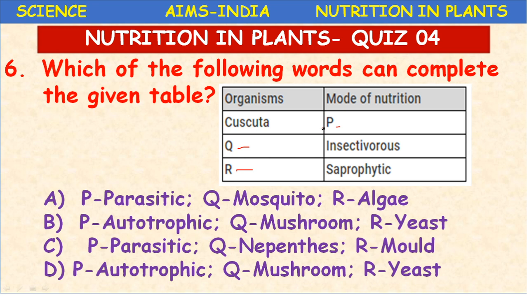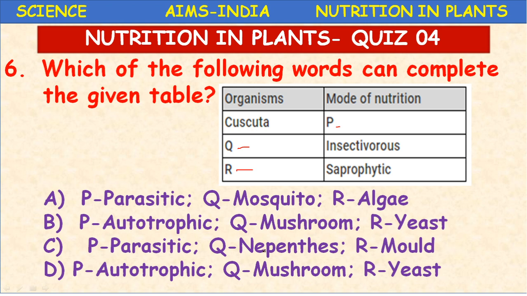Here P, as we know that Cuscuta is a parasite. So here P parasite in option A is there, and option C also, P representing parasitic nutrition. Next, Q. What are the options given for Q? Mosquito, mushroom, Nepenthes. Out of which is an insectivore?